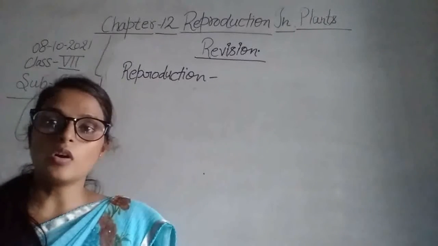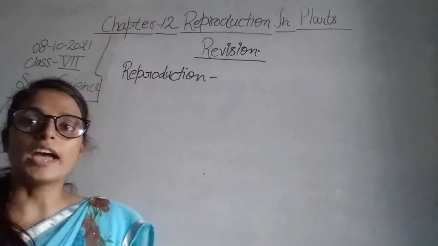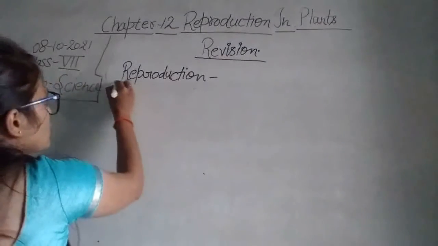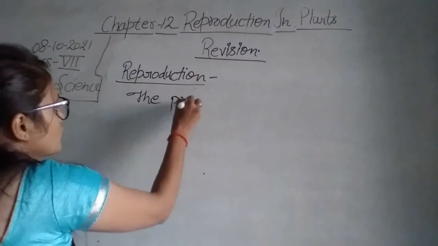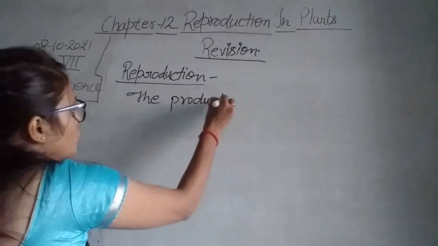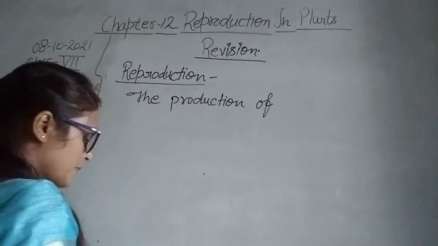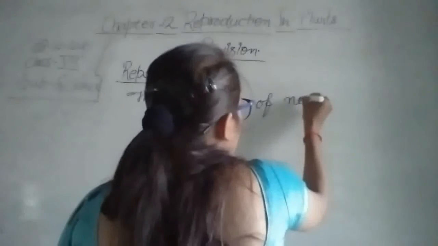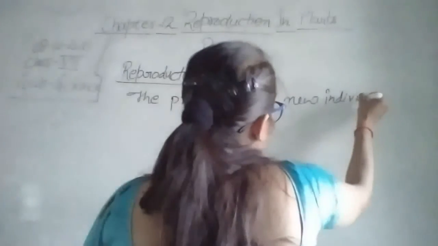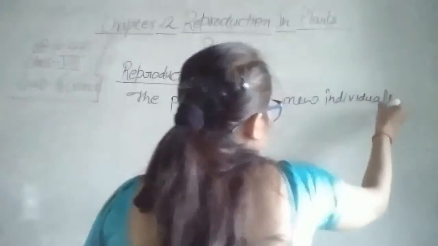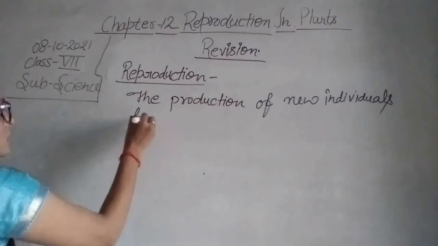The production of new individuals from their parents is known as reproduction.